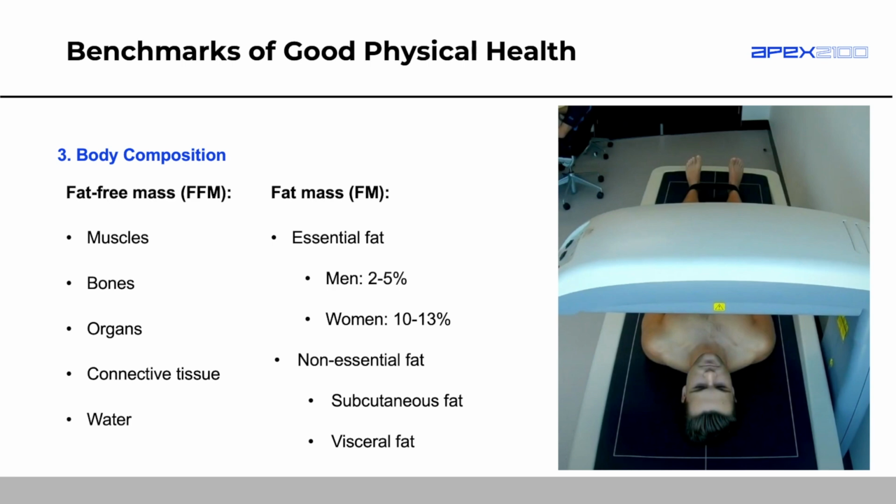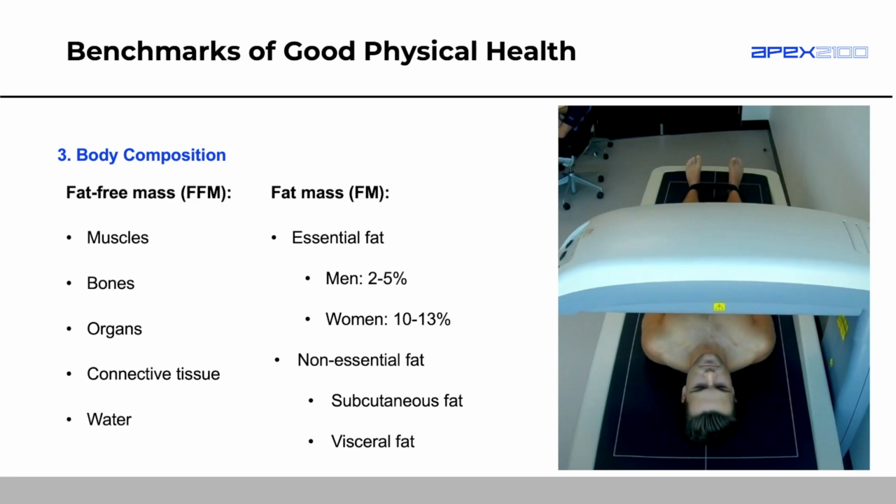Non-essential fat is our subcutaneous fat. So subcutaneous means under the skin. It's the fat that lies under our skin. It's the fat that you can pinch on your tummy, on your arm. That's subcutaneous fat. Visceral fat is the fat that surrounds our organs. So visceral fat is not good for health.